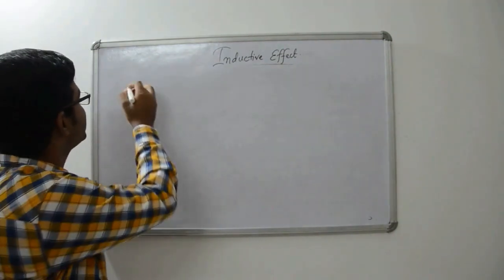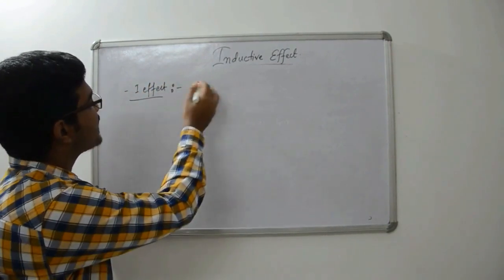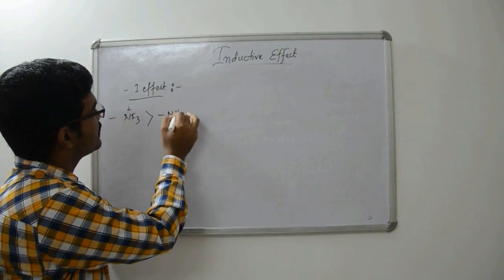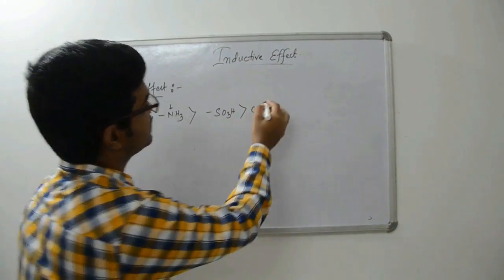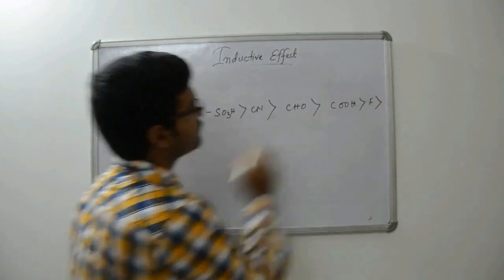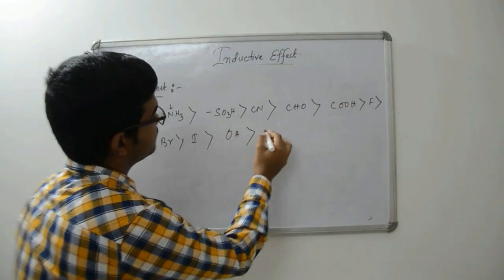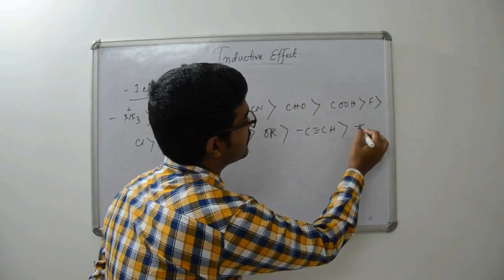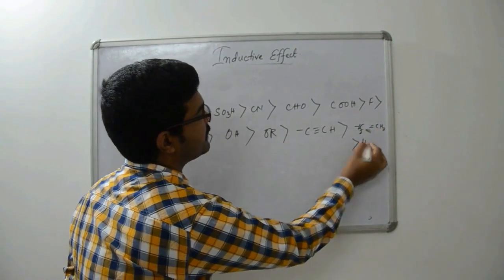The minus I effect trend follows as cyanide followed by CHO, fluorine, then halogens, iodine followed by OH, followed by OR, alkyne, alkene, followed by hydrogen.